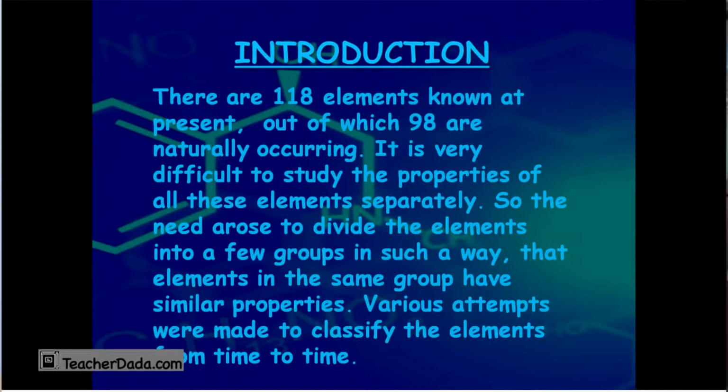See, we cannot study the properties separately, so we have kept them together. We can get to know about an element when we see its position in the periodic table. We will come to know all about its properties. For example, in a big city, you want to find out the address of your friend.